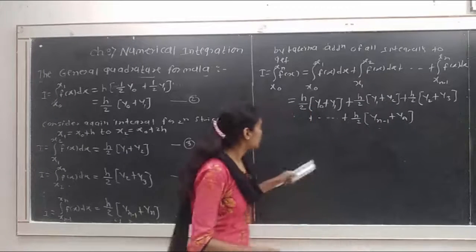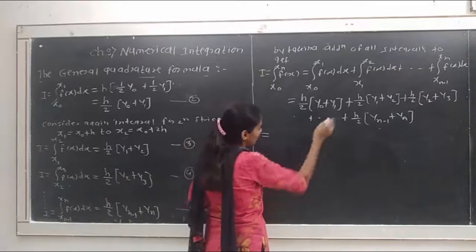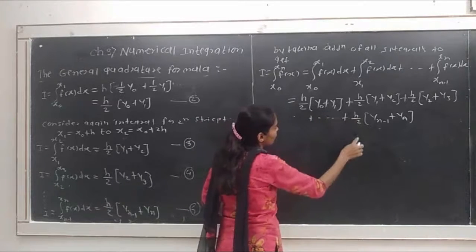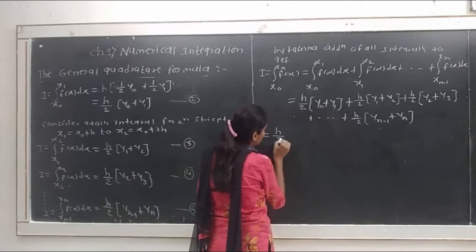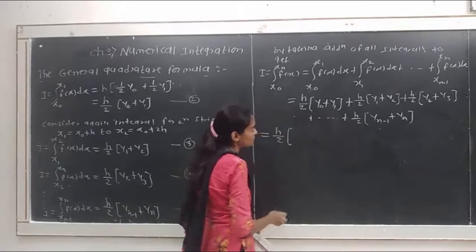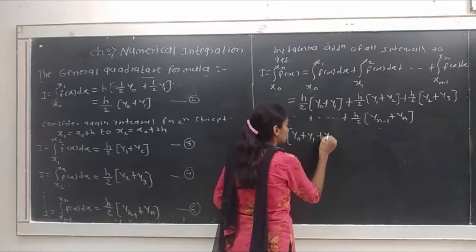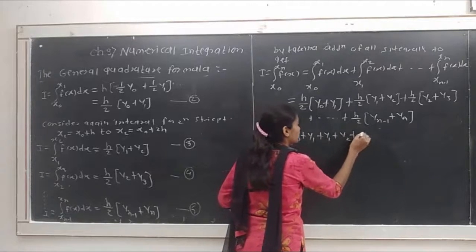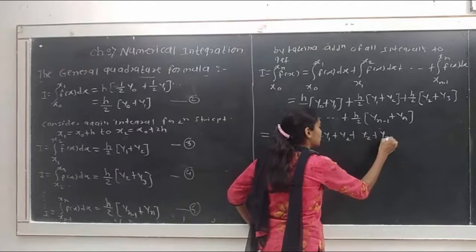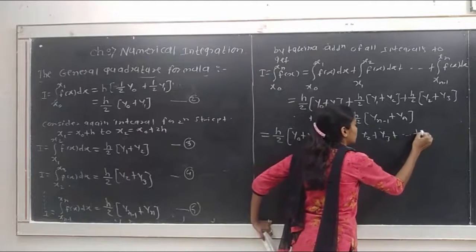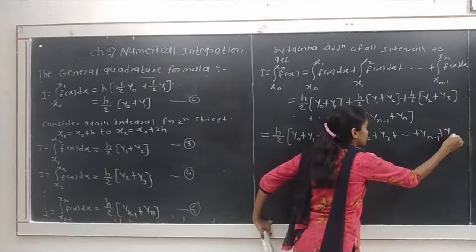Then by taking addition, here in all the terms contain h by 2, so we take h by 2 outside, then in bracket we take the addition, so y0 plus y1 plus y1 plus y2 plus y2 plus y3 plus up to yn minus 1 plus yn.